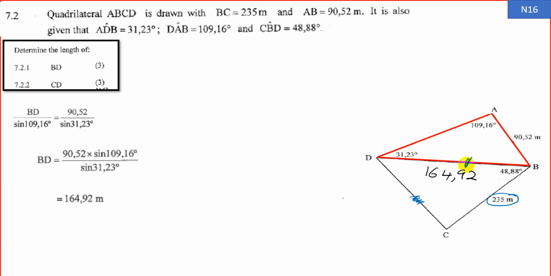We have side DB, we have side CB, and we've got an included angle. And that dictates the cos rule.